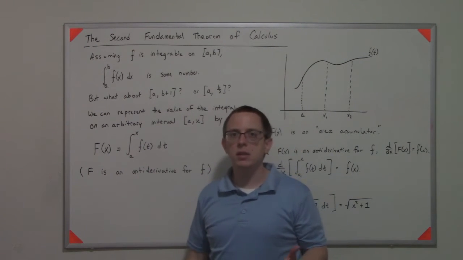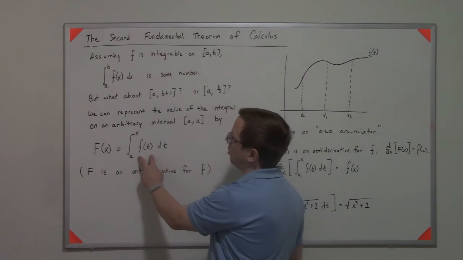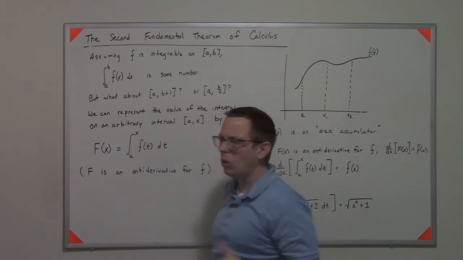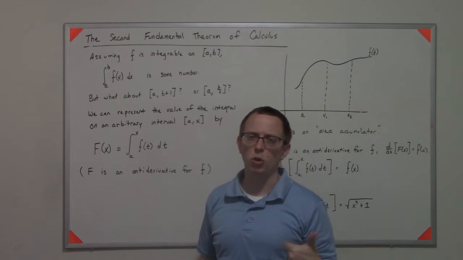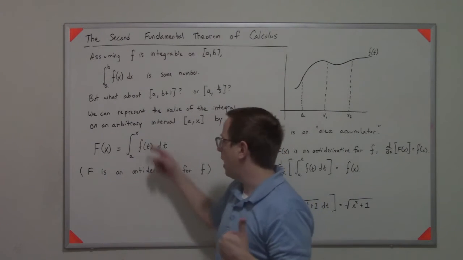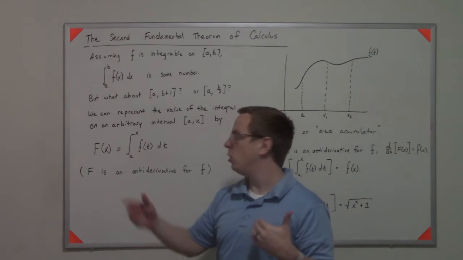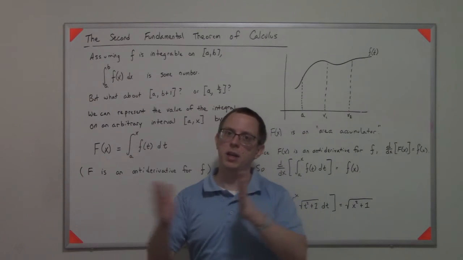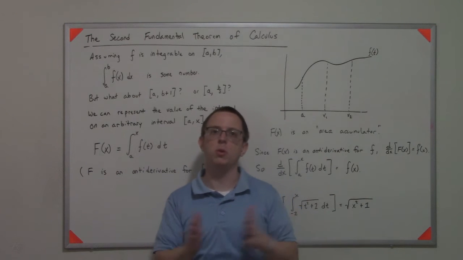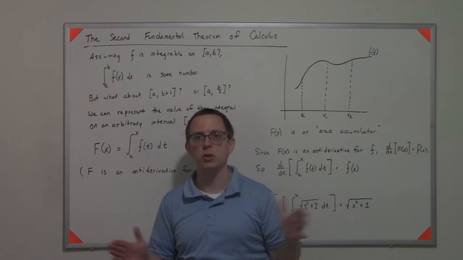Now what that means is that we need to control whether or not it's integrable on that particular subinterval, right? You don't want to push x so far that the function becomes non-integrable, like if it goes through a discontinuity or something like that.